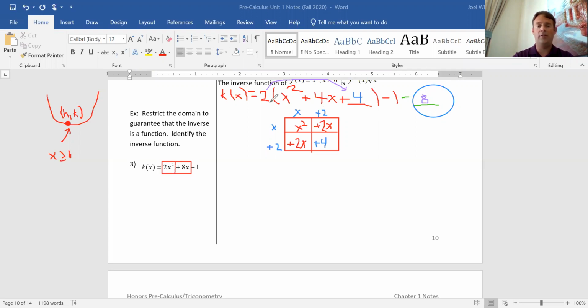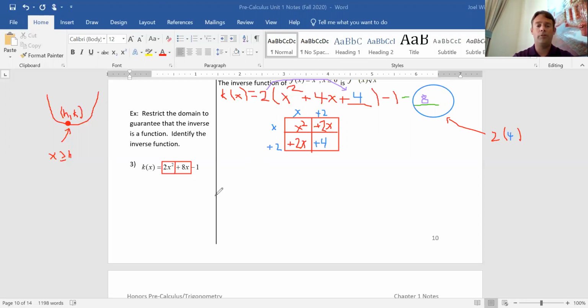So we added 8, 2 times 4. We added 8 inside, therefore we're going to subtract 8 on the outside. Just so we're aware, I'm going to add a little arrow to show where we got that. This was the 2 on the outside of the parentheses, and it was the 4 on the inside of the parentheses, and that's where that 8 came from.